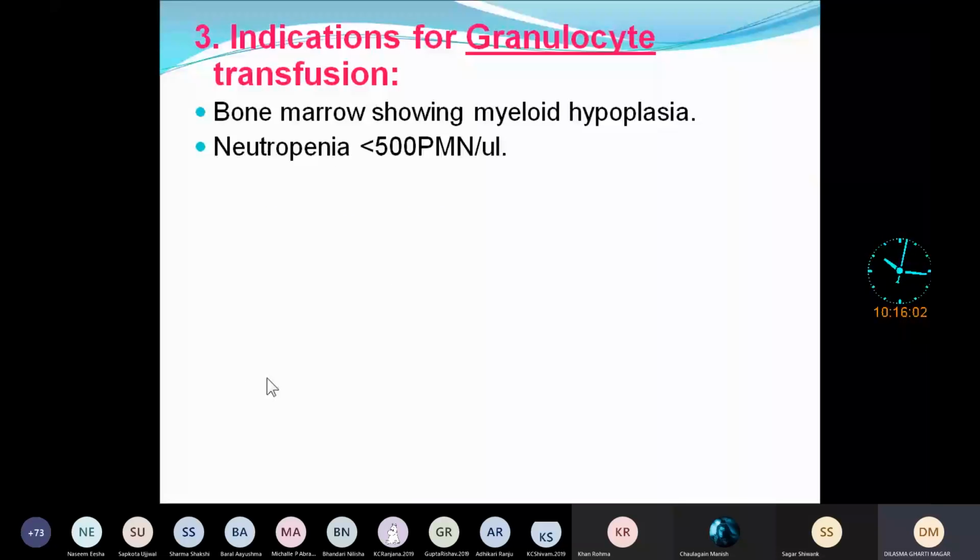So now we'll come to the indications for the granulocyte transfusion. This granulocyte transfusion is not done usually, and it is very rare, but still we should know when we should give it, isn't it? Whenever the bone marrow is showing myeloid hypoplasia, the myeloid cells produce what type of cells? Anyone?